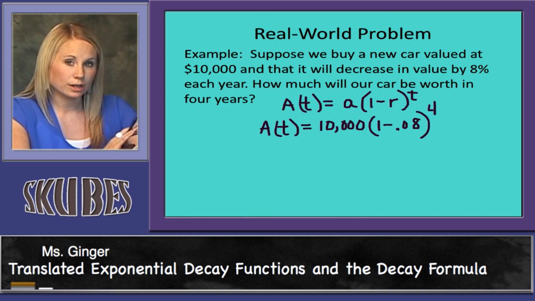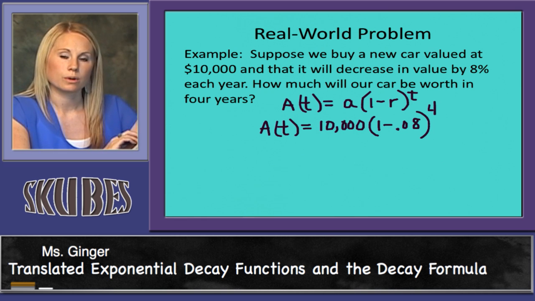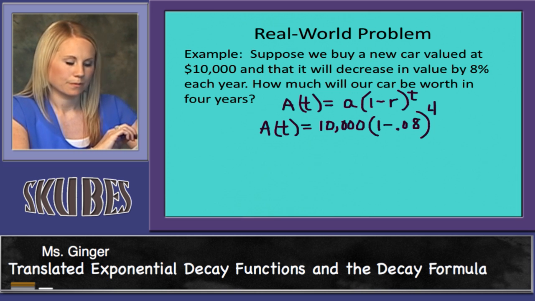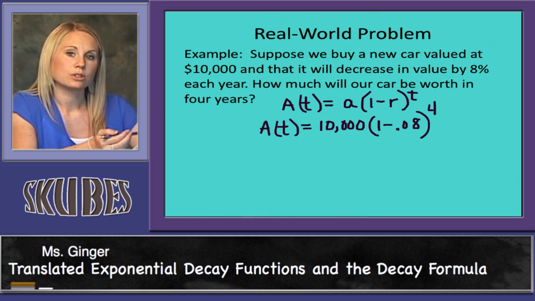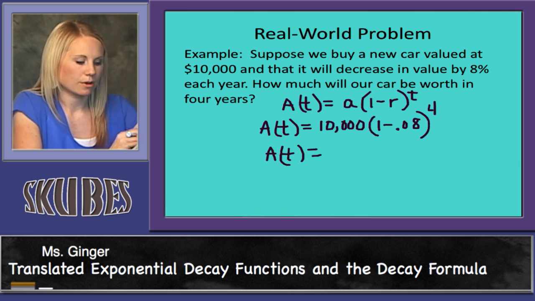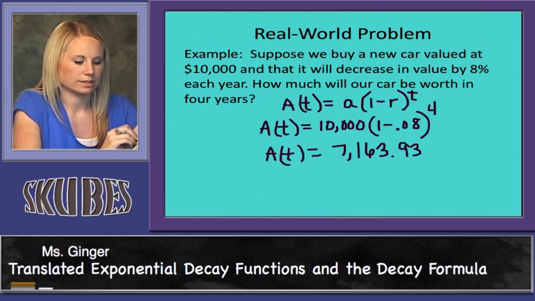Okay, so following the correct order, you want to make sure that you do what's inside parentheses first. 1 minus 0.08. Raise that to the 4th power. Then you'll want to multiply by your 10,000, just following the correct order there. And when we do that, when we type all of this in, we will come up with around $7,163.93.